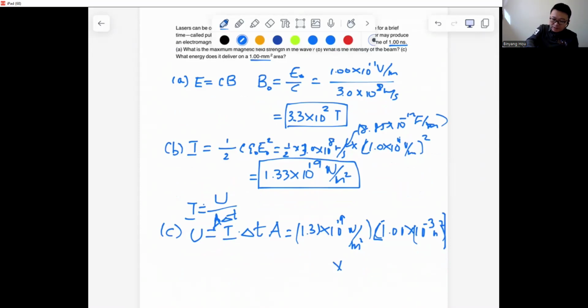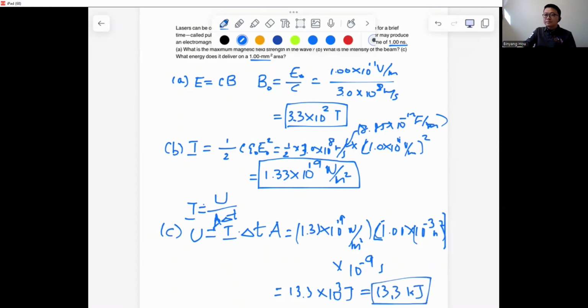This pulsed laser is 1 nanosecond, so it's 10 to the minus 9 seconds. This gives you a total of 13.3 times 10 to the third joules, which we call kilojoules. So 13.3 kilojoules.